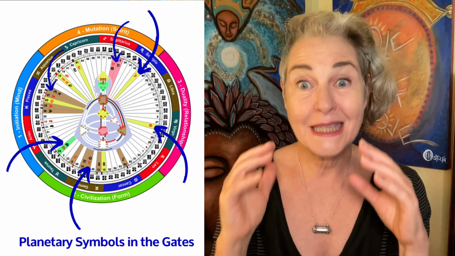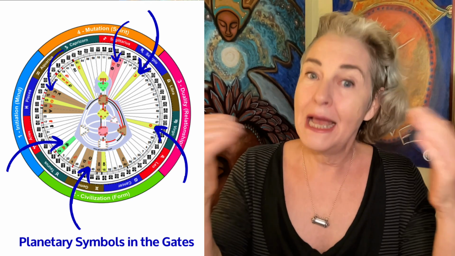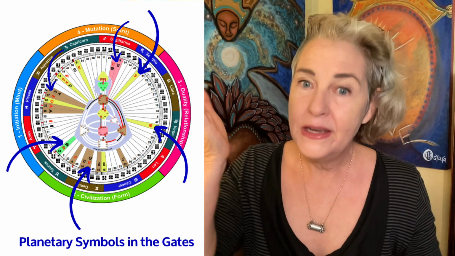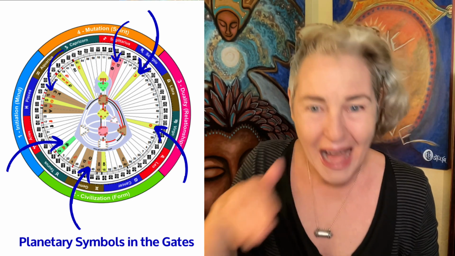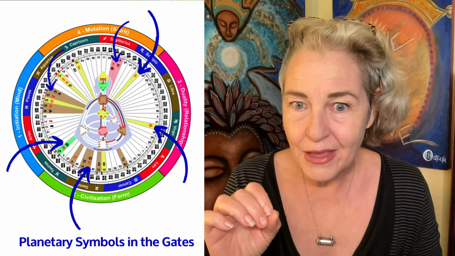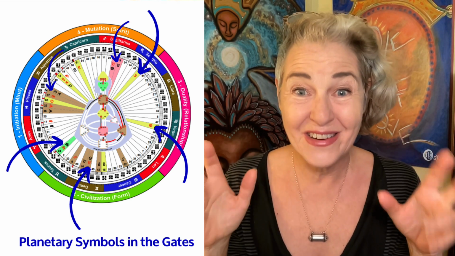Inside of that are the 64 hexagrams of the I Ching. Inside of that are the gates, the numbers of the gates. And then you'll see all of the different pie marks. Those are actually the gates. And inside of there, you can see that there are little symbols. Those are all the planetary symbols.